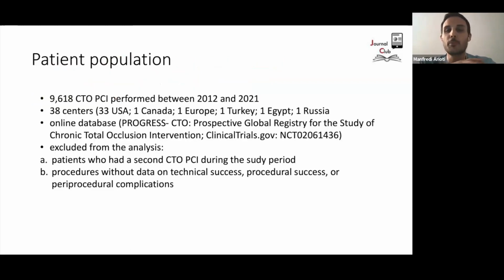The patient population is 9,618 CTO PCIs performed or attempted between 2012 and 2021 at 38 centers worldwide, most of them in the United States. It's an online database, and the exclusion criteria were patients who had a second CTO PCI during the study period, or procedures lacking data on technical success, procedural success, or peri-procedural complications.